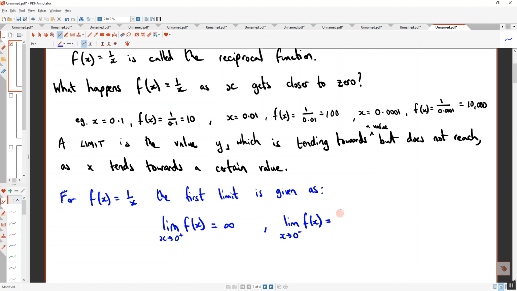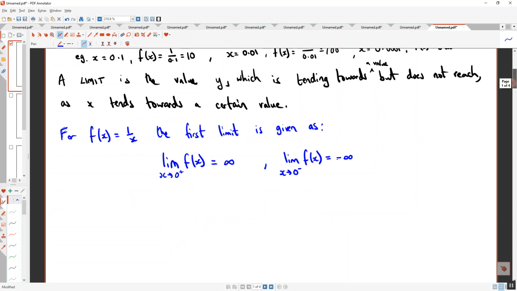If you put a negative value in, getting closer to 0, 1 over a really small negative value gives me a really large negative value. So the limit of f of x as x tends towards 0 from the negative side is equal to negative infinity.